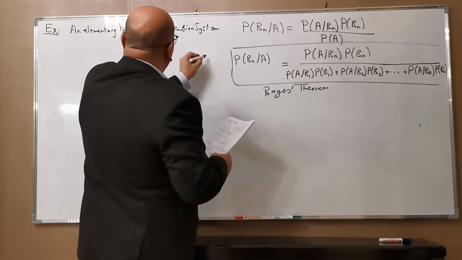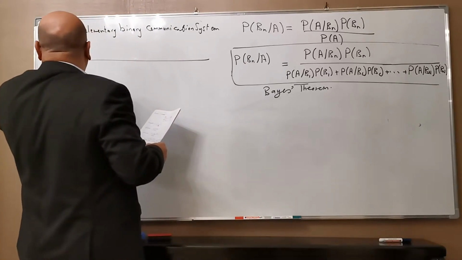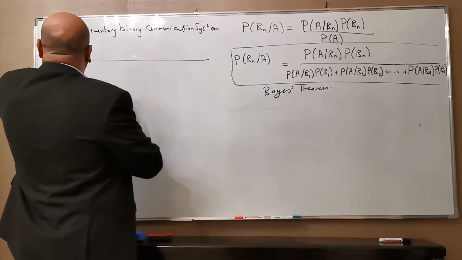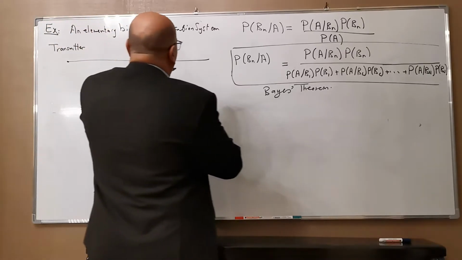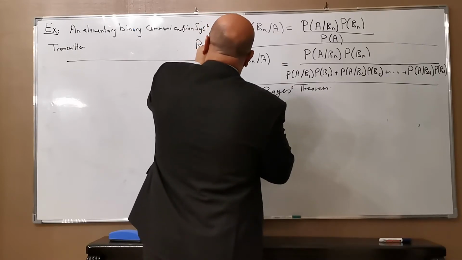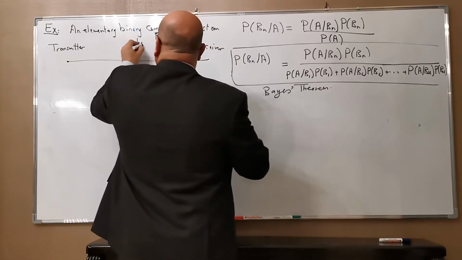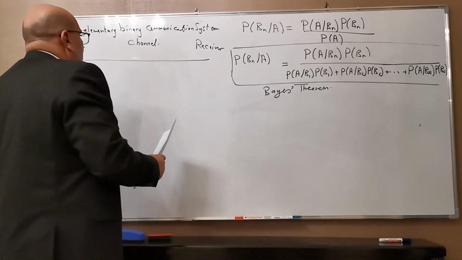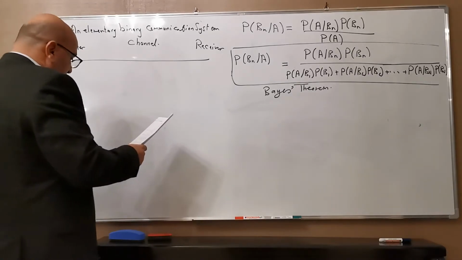So we have here the transmitter, and we have here the receiver, and this is here the channel. So we have the channel, transmitter, and the receiver.